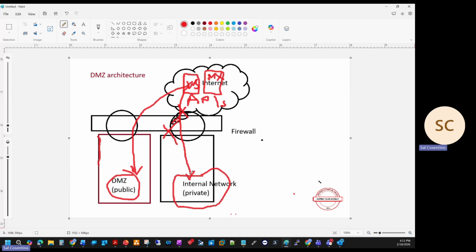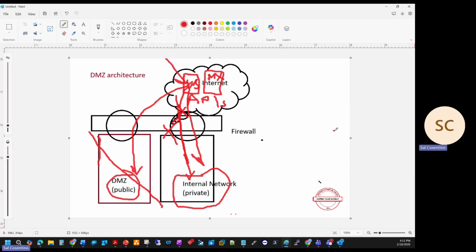And that limits exposure. Even if the DMZ is compromised, for example, you've got it attacked, attackers can't directly come through here. So any of these attackers that are coming through inside our machines and then attacking us, they won't be able to do that, right? So they're limited to that.